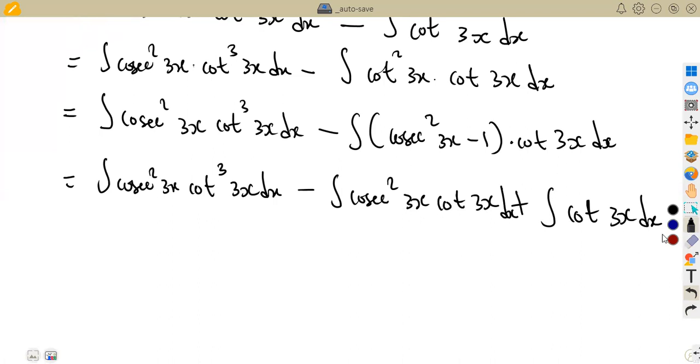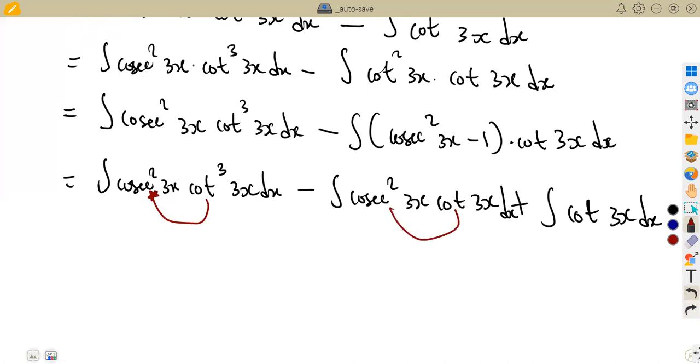Now we are going to integrate this with respect to x, and also this with respect to x. Everything now can be integrated. If we check the first part and the second part, there is a need for us to apply the substitution method there. We can work from cot, because cot can cancel the cosec squared.